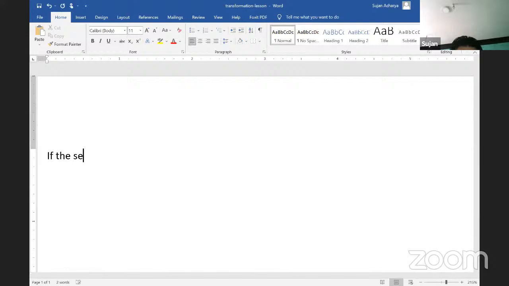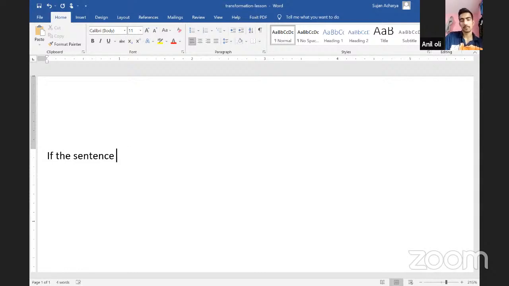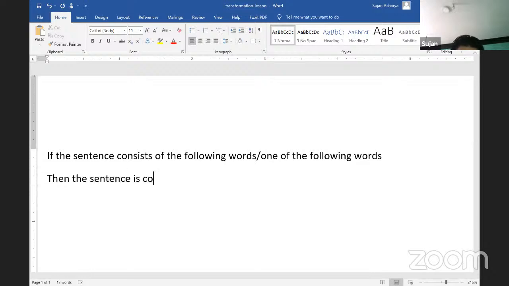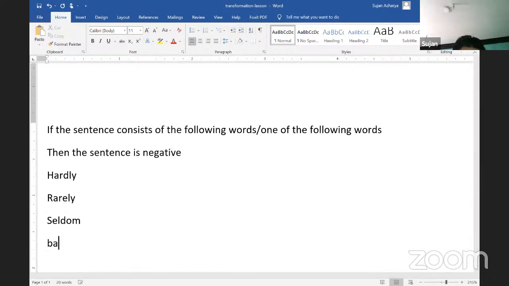If the sentence consists of one of the following words, then the sentence is negative: hardly, rarely, seldom, barely, never.